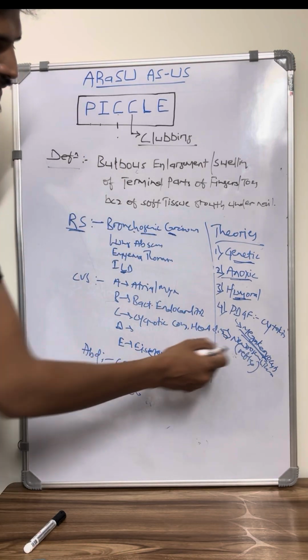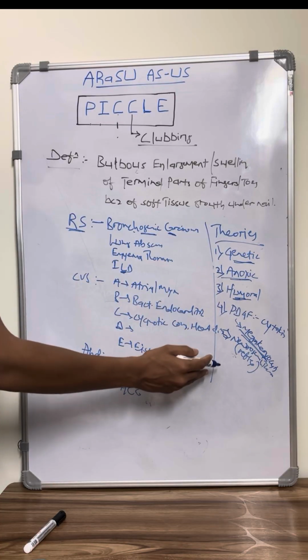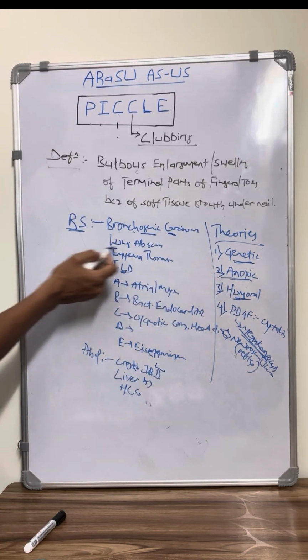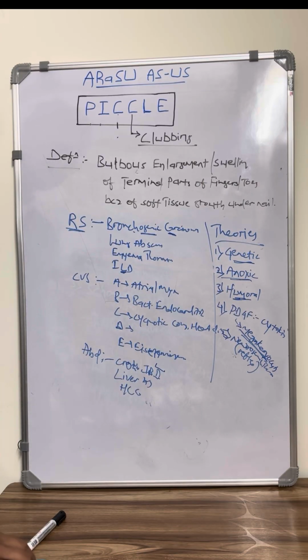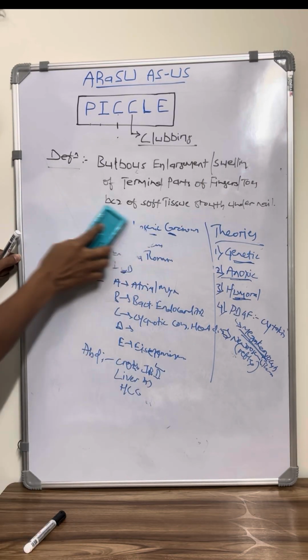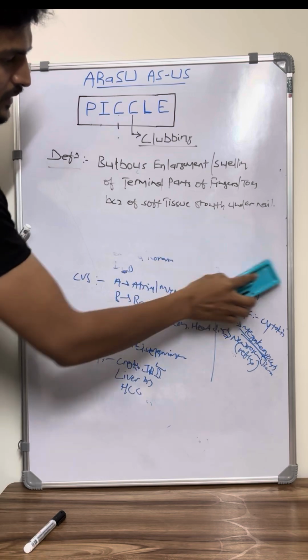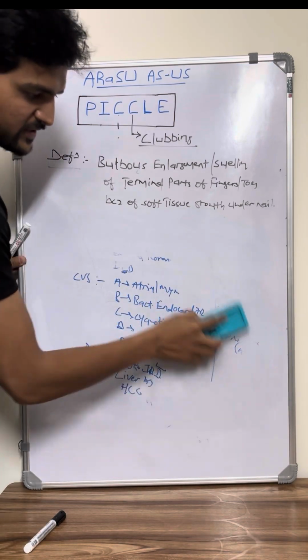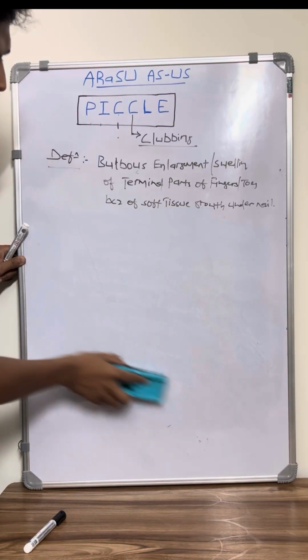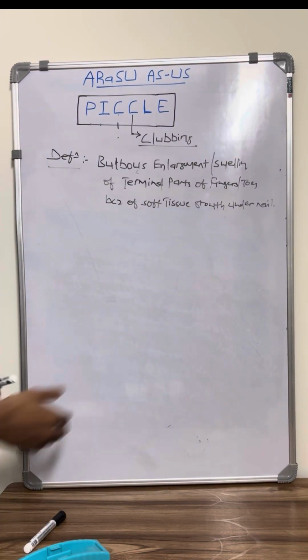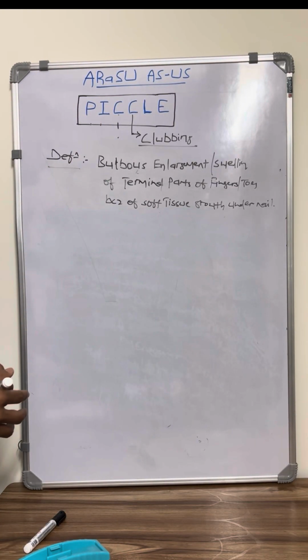That's why they consider this one also. So these are some theories which you have to know, correlating each with the conditions listed here. So this is about the definition, how to look for it, the various gradings, the conditions, and the theories postulated for development of clubbing.